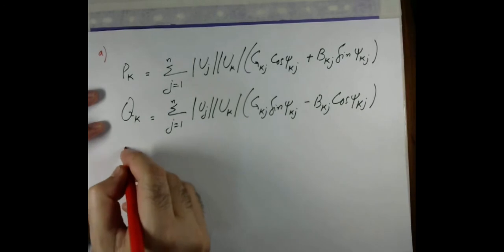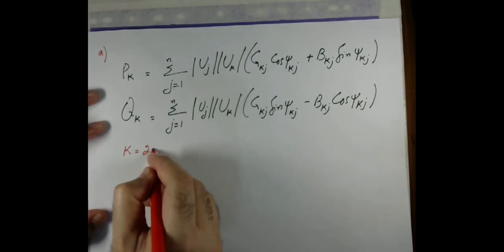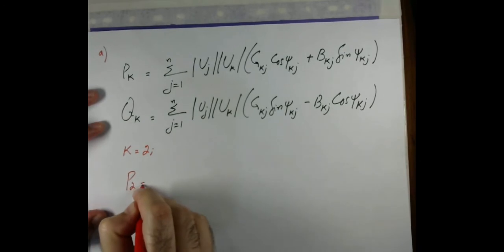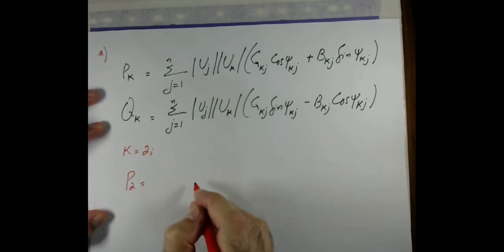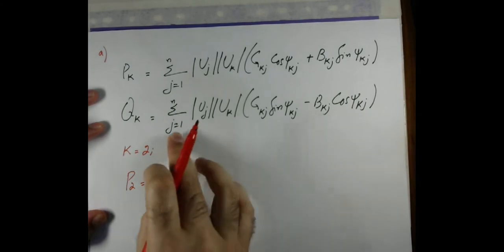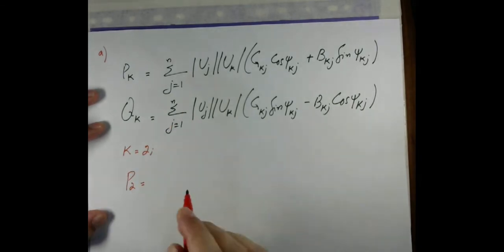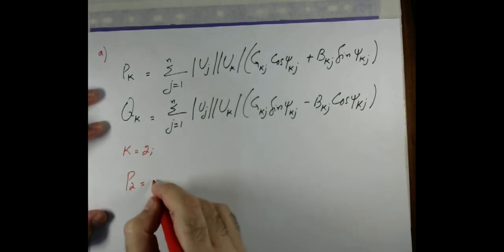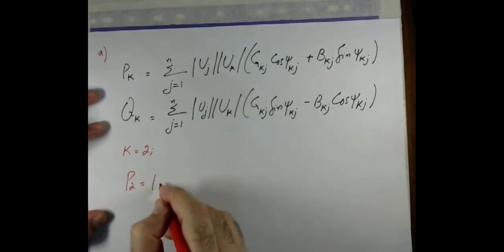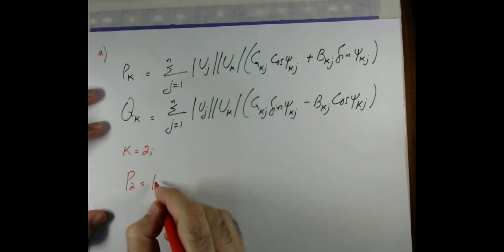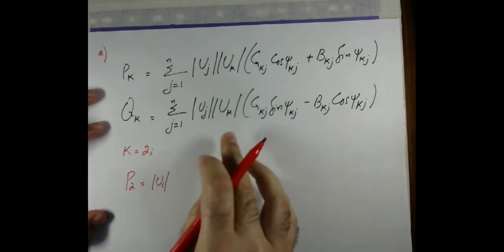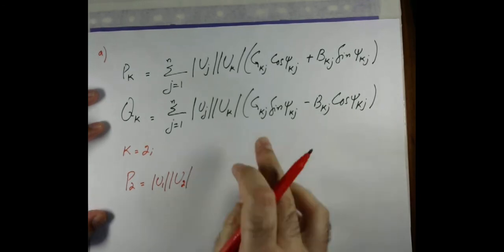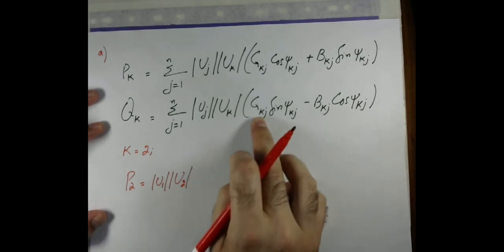So for k equal to 2, P2 will be equal to the sum, as j varies from 1 to 2. Now j is 1, so that will be u1, and k is 2, so that will be u2, and the conductance term is 0 because we have only susceptance.